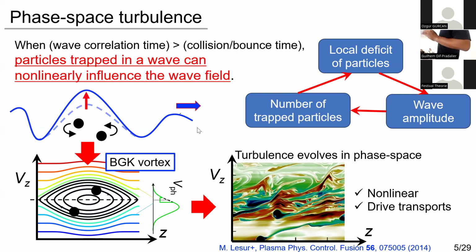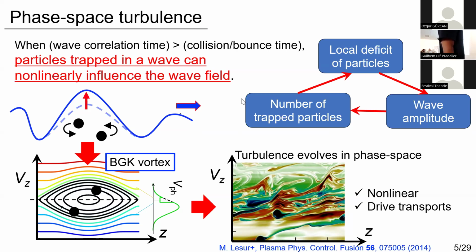Because those particles have similar velocity compared to the phase velocity of the propagating wave, the particle cannot go beyond the wave potential. Once this happens, a local deficit of particles can happen, which can enhance the wave amplitude because this can be a charge separation, a charge accumulation.